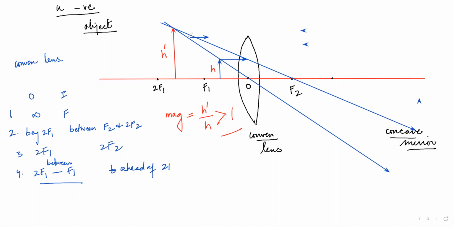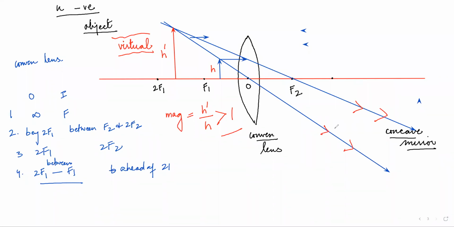They are extended backwards. These are not real rays. The real rays are going in this direction and they are nowhere meeting. So these rays are extended. And students, I told you, whenever the rays are extended, the image is virtual.